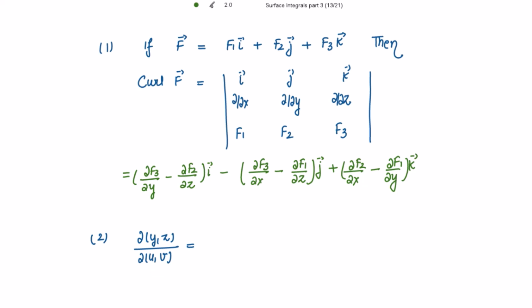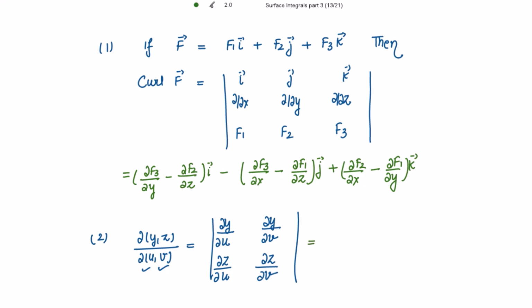And then the Jacobian, partial derivative of y and z with respect to u and v. This can be written as a determinant, writing here partial derivative of y with respect to u, and then partial derivative of y with respect to v. Similarly for z, partial derivative of z with respect to u and partial derivative of z with respect to v.